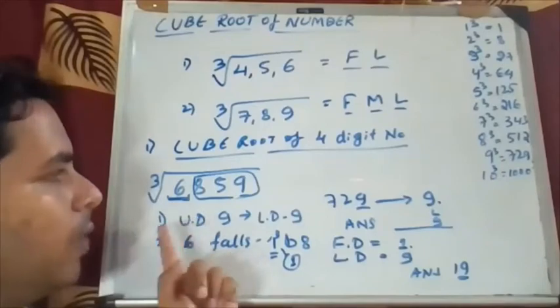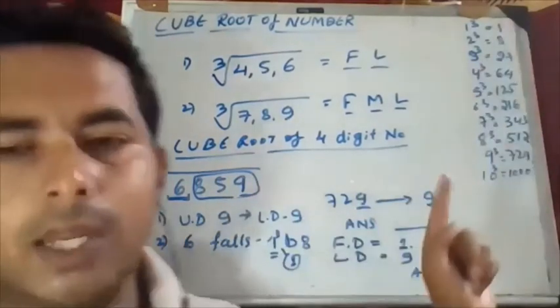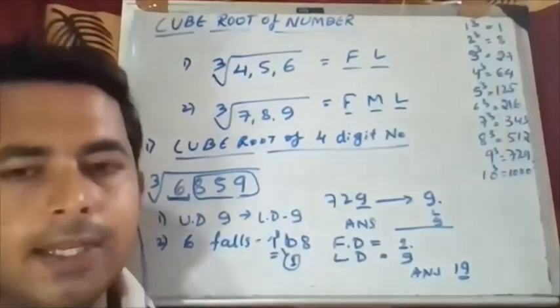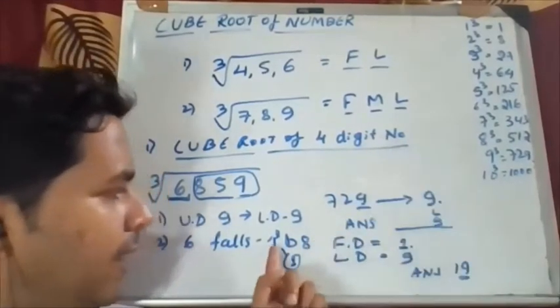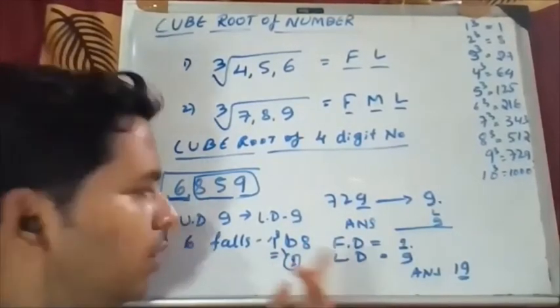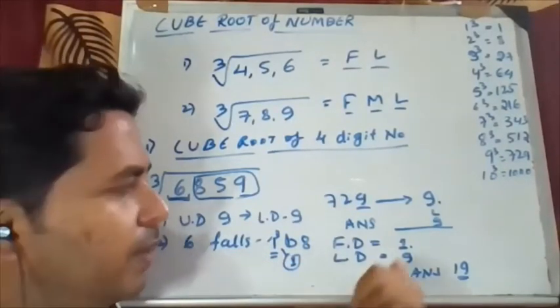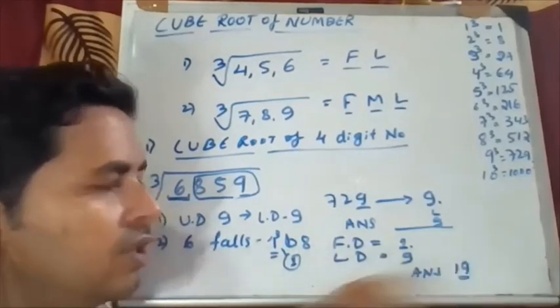So check where my 6 value will lie in the cube values. So if you consider cube value of 1 and cube of 8, your 6 will lie between 1 and 8. And among 1 and 8, which is the smallest number? 1 is the smallest number. So you have to consider the smallest number, that is a 1, as the first digit.